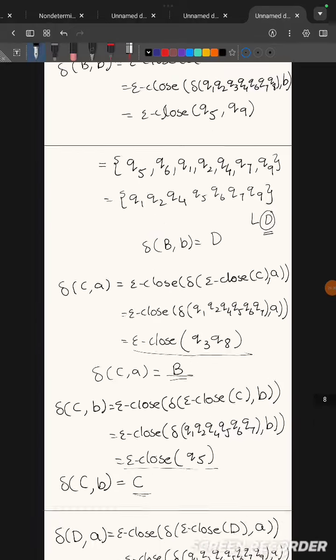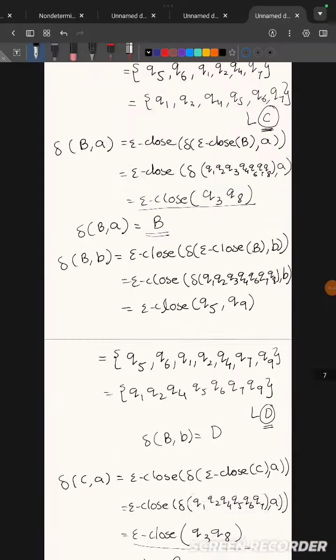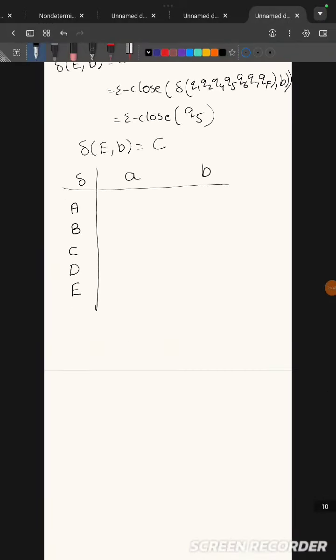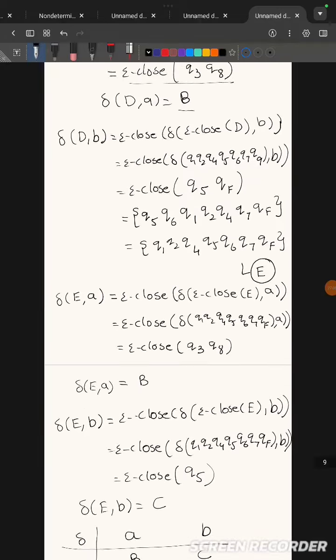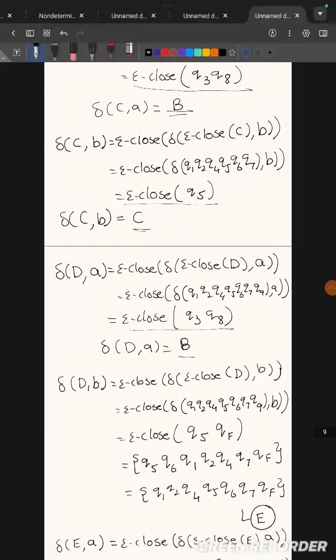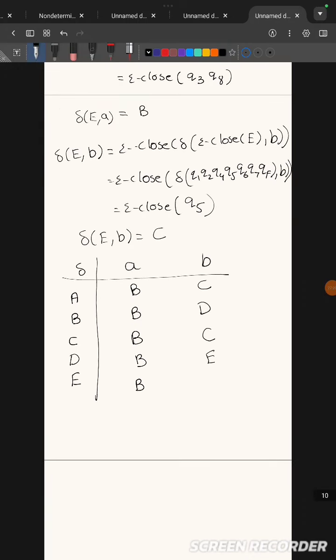A on small a goes to B, and on small b it goes to C. B on small a, we derived B, and on small b it went to D. C on small a derived B only, and C on small b goes to C. For D we derived B and E. And for E we derived B and C.